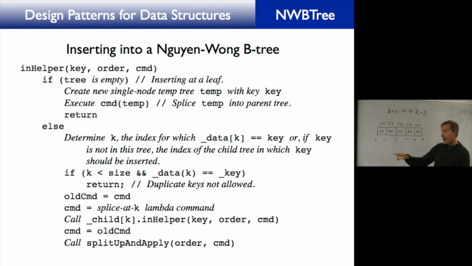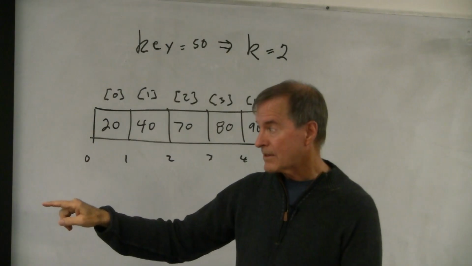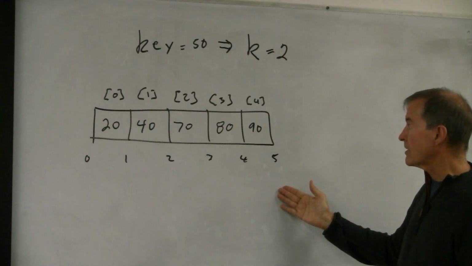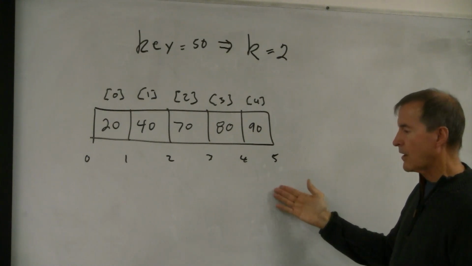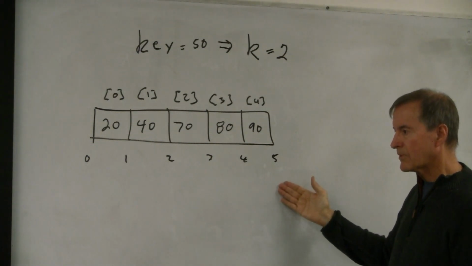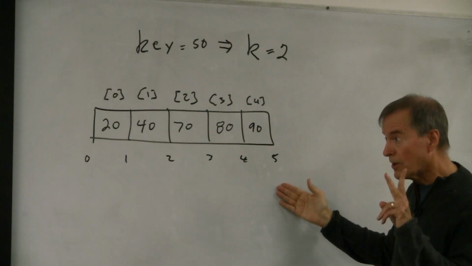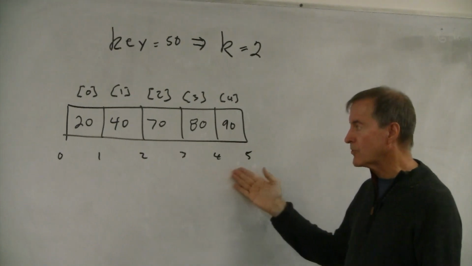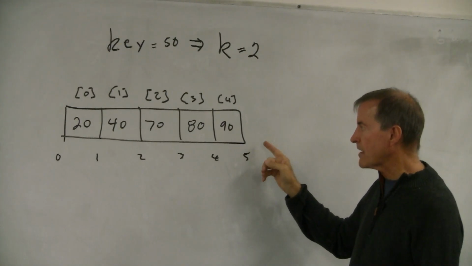So old command gets command, and then now the new command gets splice at k. So in this particular example, what would the command get? It would get splice at 2. Now, do you understand that we're creating a function called splice at 2? Why do we want to create a function called splice at 2?